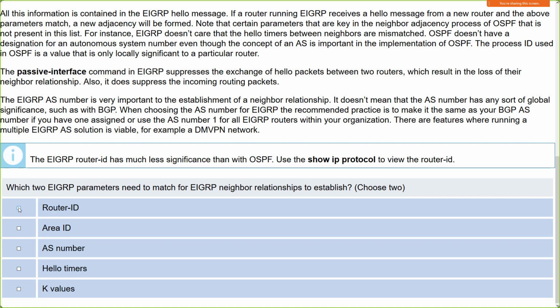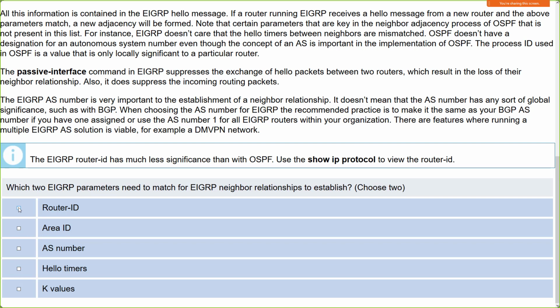And it's a way to uniquely identify a router within the domain. Router ID is either manually configured, or it's the highest loopback IP address of any active interface on the router, or the highest physical IP address. Those are the three incremental steps that we use to choose a router ID.